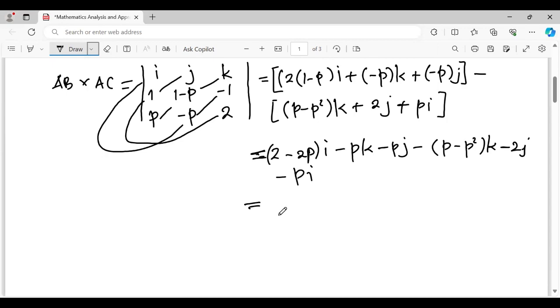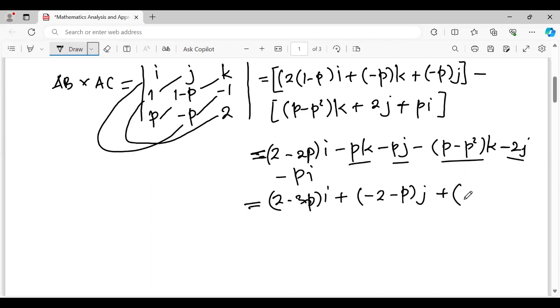So it will be 2 minus 2p minus p, so becomes (2 minus 3p) i, plus next j, this one and this one, so plus (minus 2 minus p) j, plus k, this one and this one.